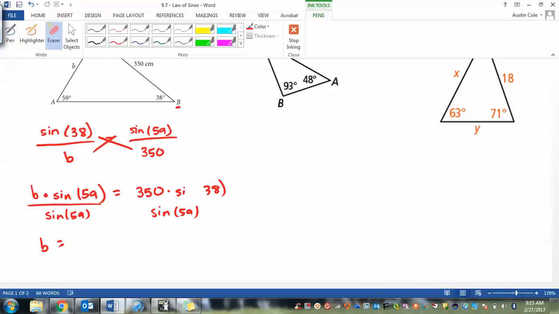What do we get there? 251.39. Our label should be centimeters here.